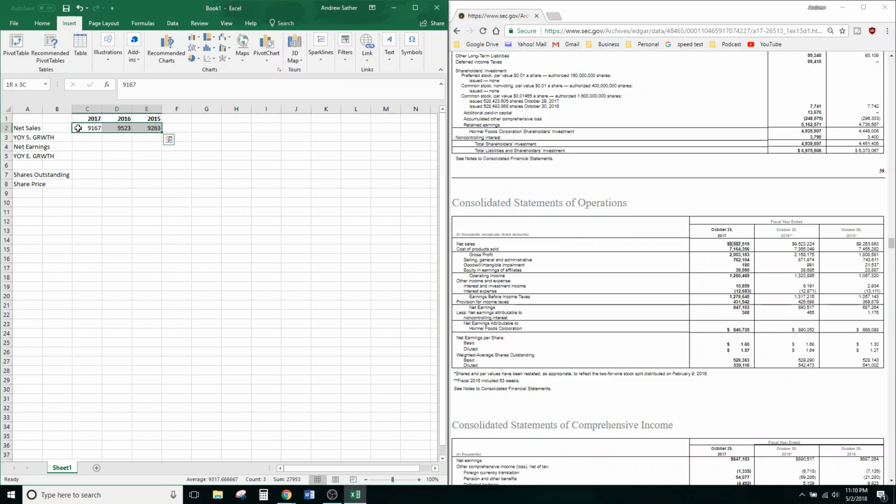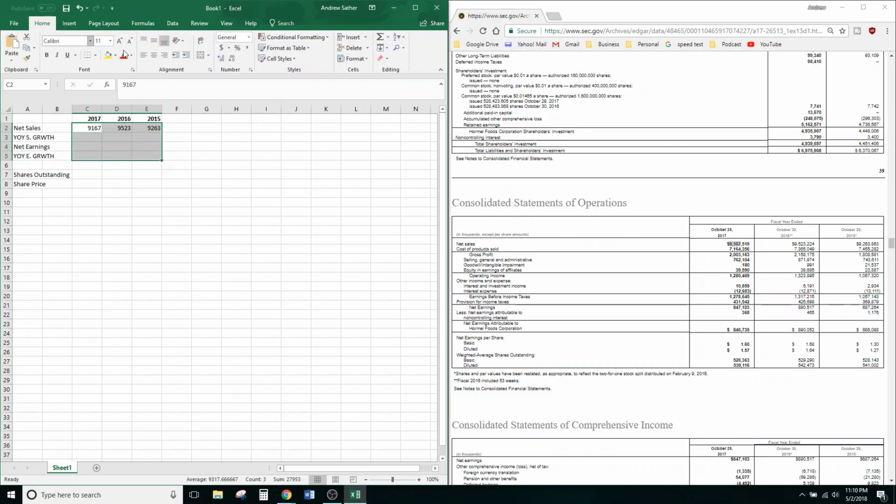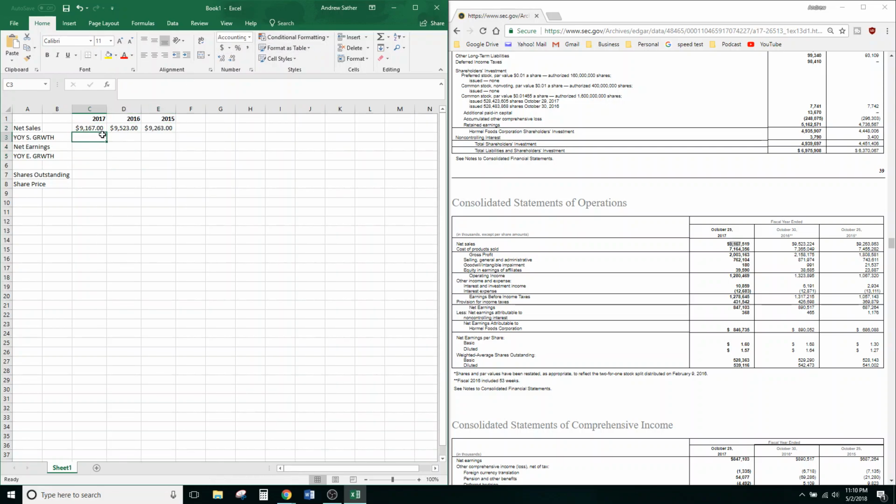And from what I can see, let's calculate that growth. Looks like a decline. It looks like it declined.